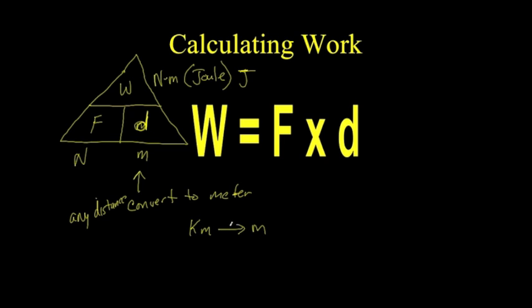There are 1,000 meters in a kilometer. So if you have 2 kilometers, you multiply that by 1,000 to give you 2,000 meters. And if you're given centimeters, you have to convert that to meters. So if you're given 100 centimeters, you divide that by 100 to get meters. It's 1 meter.